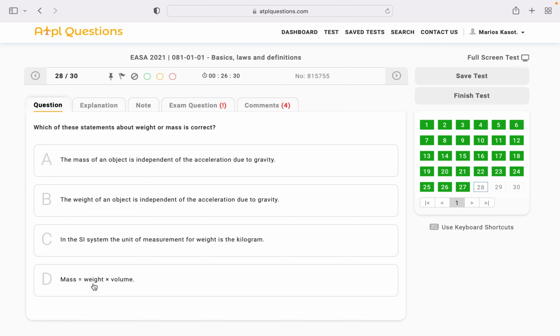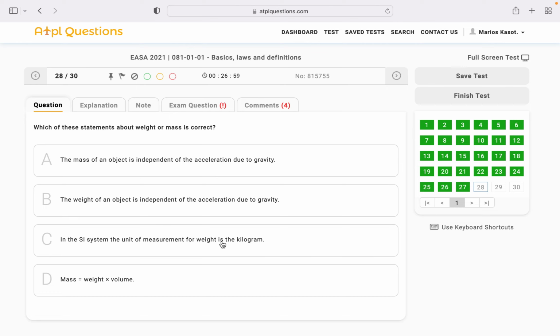So don't get confused over here. The mass of an object is independent of the acceleration due to gravity. The weight of an object is independent... Of course, it's not independent. In the SI system, the unit of measurement for weight is the kilogram. Of course not, the unit of measurement for weight is the Newton.